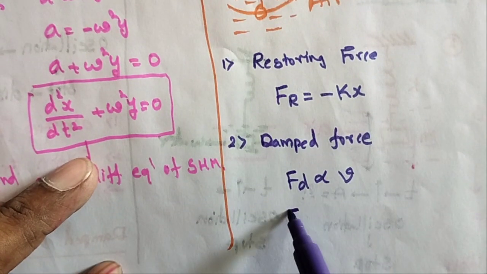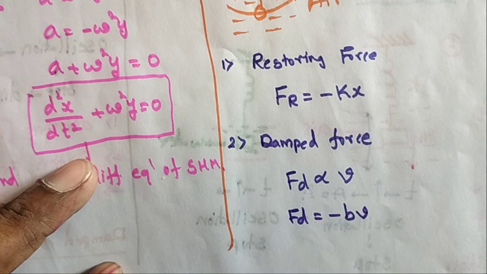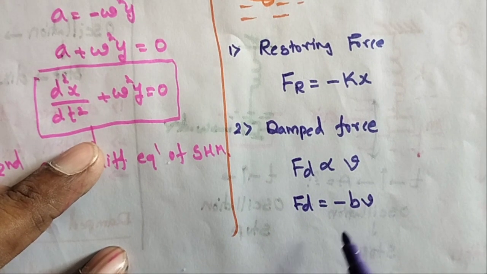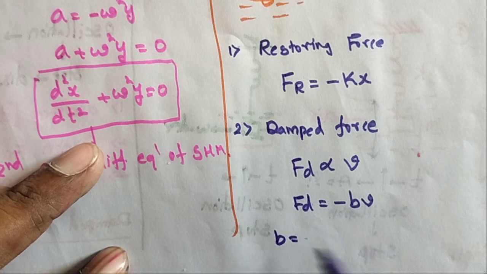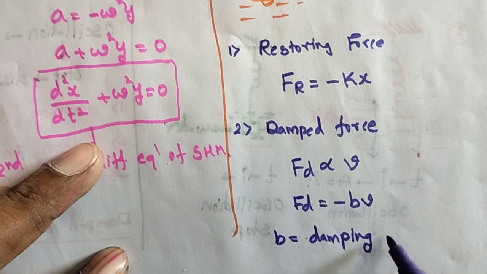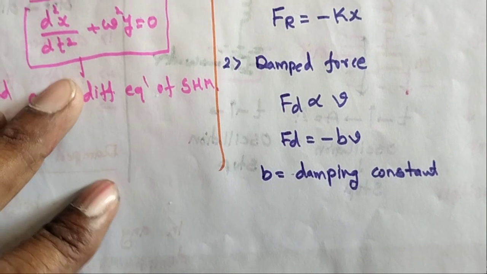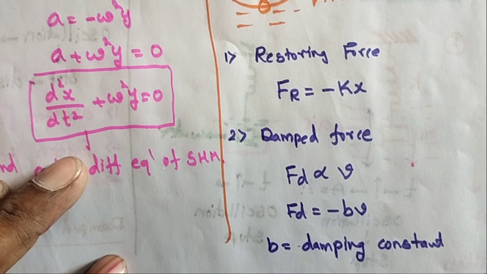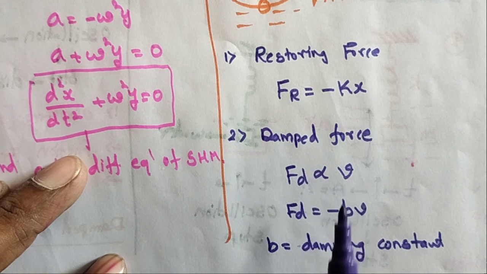So Fd is equal to minus b into v, where b is the damping constant. So in the damped harmonic oscillator, two forces are acting. One is the restoring force, another is the damped force.